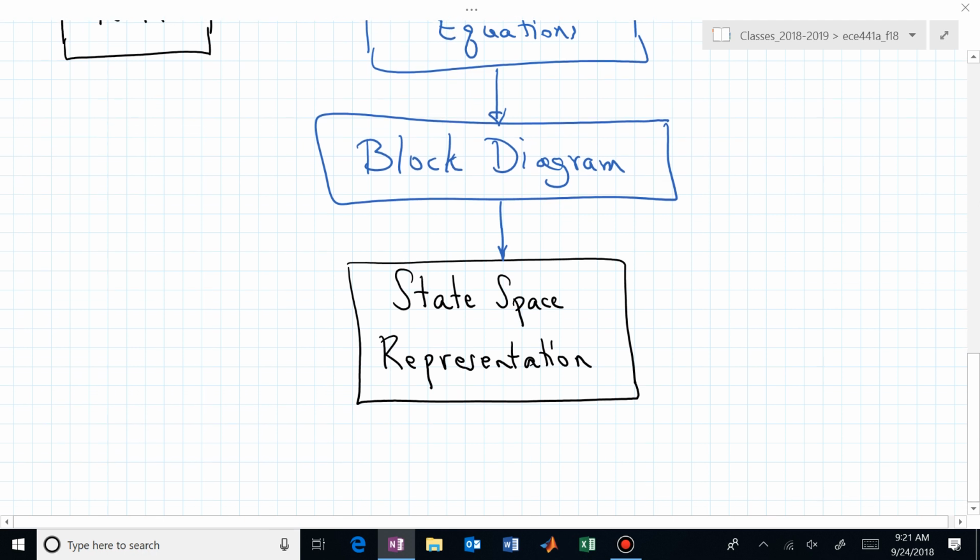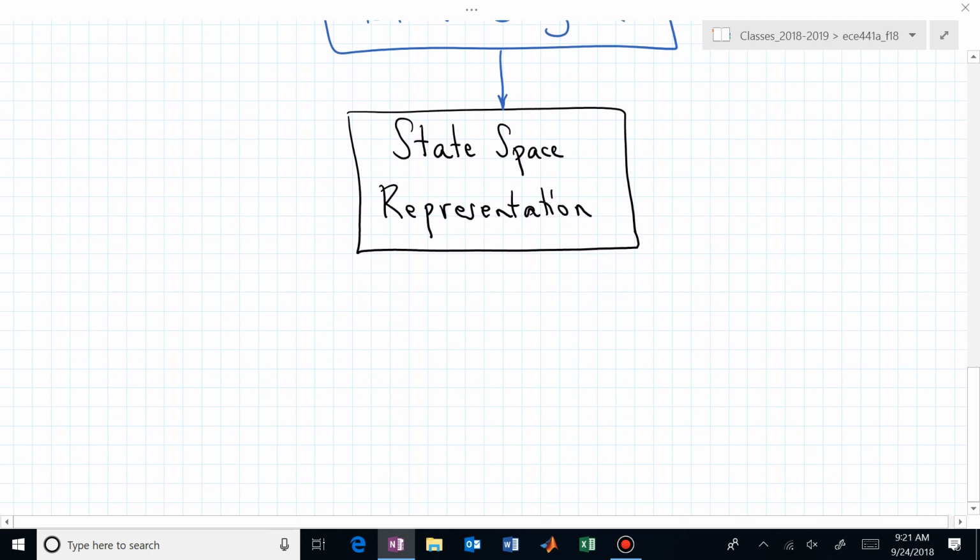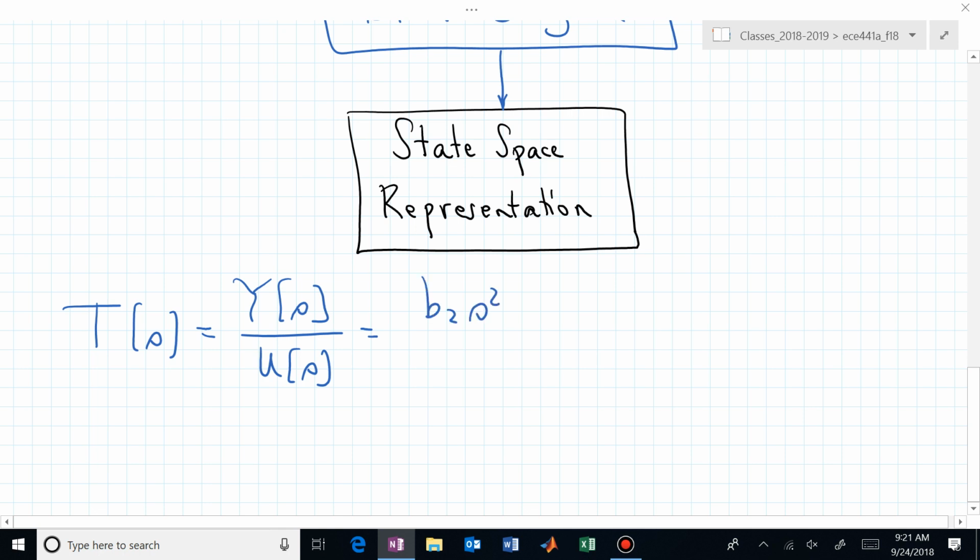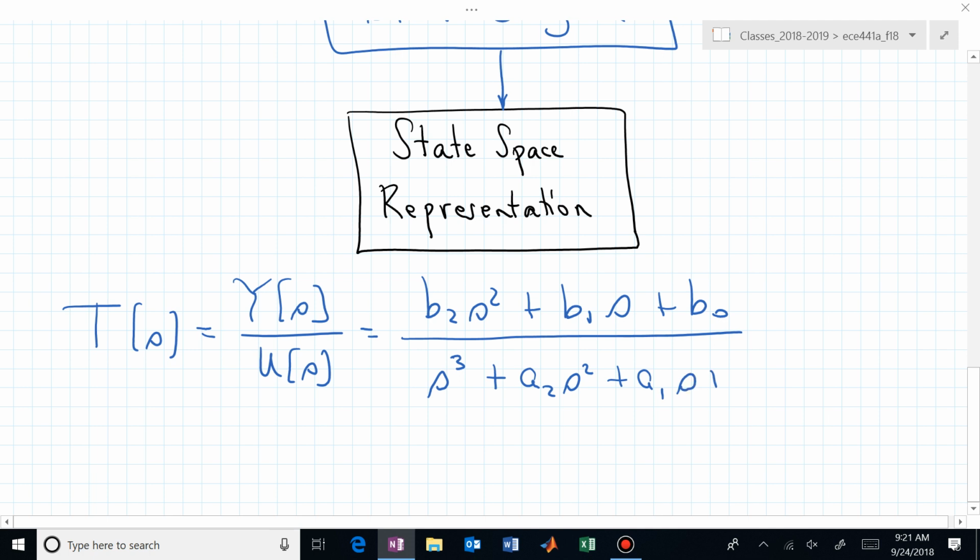So let's do this for a particular parameterized form. Suppose now T of S is Y of S over U of S. Doesn't always have to be a G of S. Suppose now I have B sub 2 S squared plus B1 S plus B sub 0, and then I have S cubed plus A sub 2 S squared plus A1 S plus A sub 0.